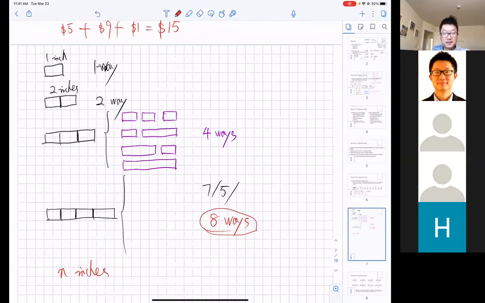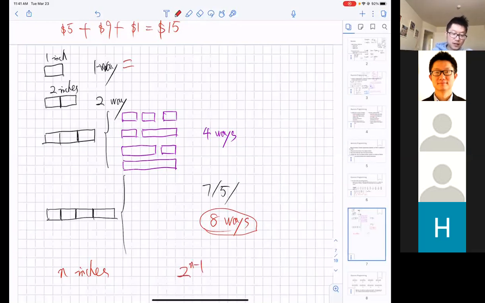Would it be 2 to the n? Can you say it again? Well, isn't it just like exponents? Like 1 inch is like 2 to the 0, then 2 inches is 2 to the 1. So it'd just be 2 to the n, or no, 2 to the n minus 1. Oh, you're close.